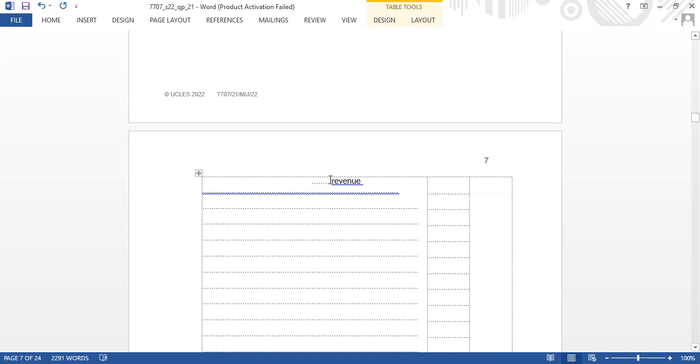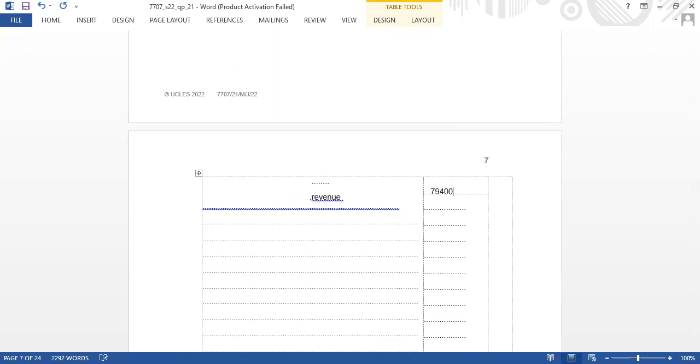Revenue is 79,400. Then we have sales return that are deducted.